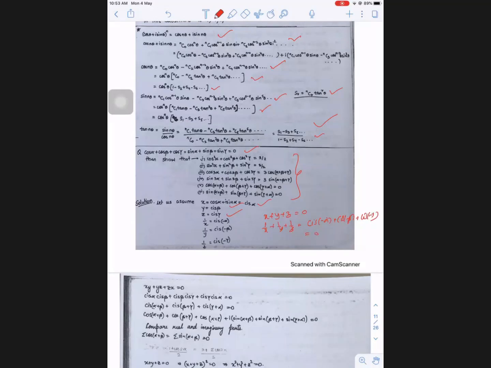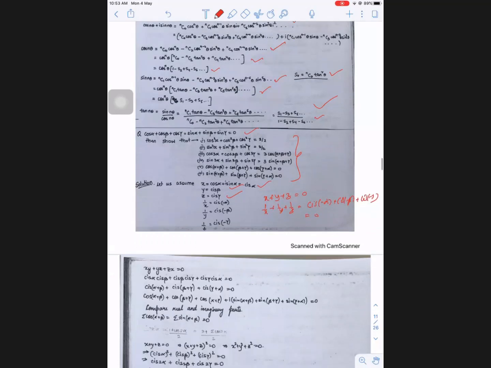So even that result we will get as 0. So x plus y plus z is 0, and similarly xy plus yz plus zx is also 0. Now xy plus yz plus zx equal to 0: take only one term, xy. It is cis alpha into cis beta, since x is cis alpha and y is cis beta. So x into y equals cis alpha into cis beta, which is the same as cis (alpha plus beta).